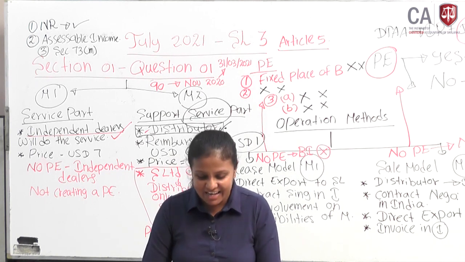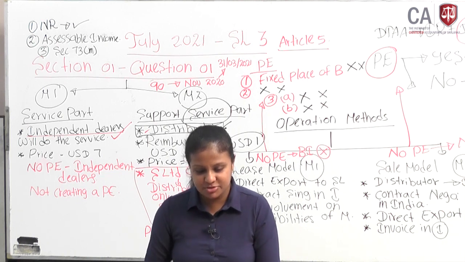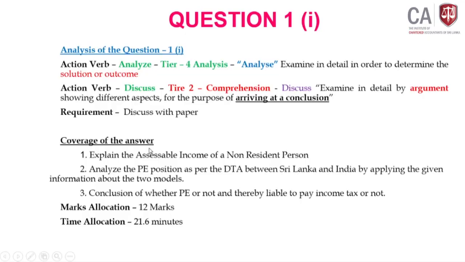Before that, again come to the PowerPoint presentation, as I promised, and look at the coverage of your answer on these 12 marks. For 12 marks, it's 21.6 minutes. Then you need to look at the coverage of the answer.